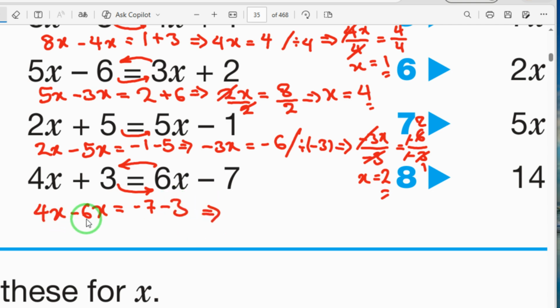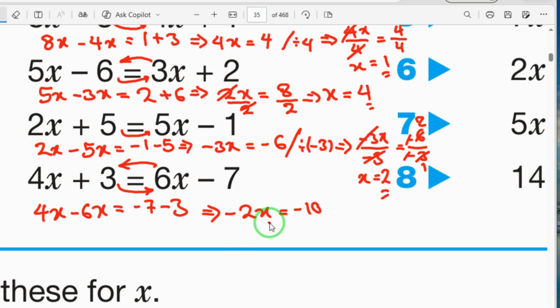Then here we subtract minus 6x and plus 4x, remain only minus 2x. Equal to, here we add, because both of the numbers are negative, we add together and keep the sign. Minus 7 and minus 3 become minus 10.